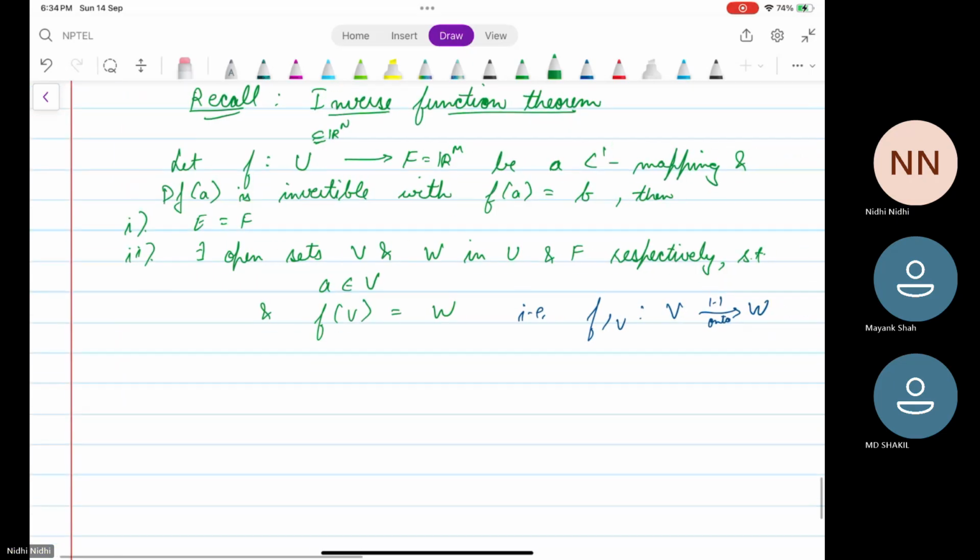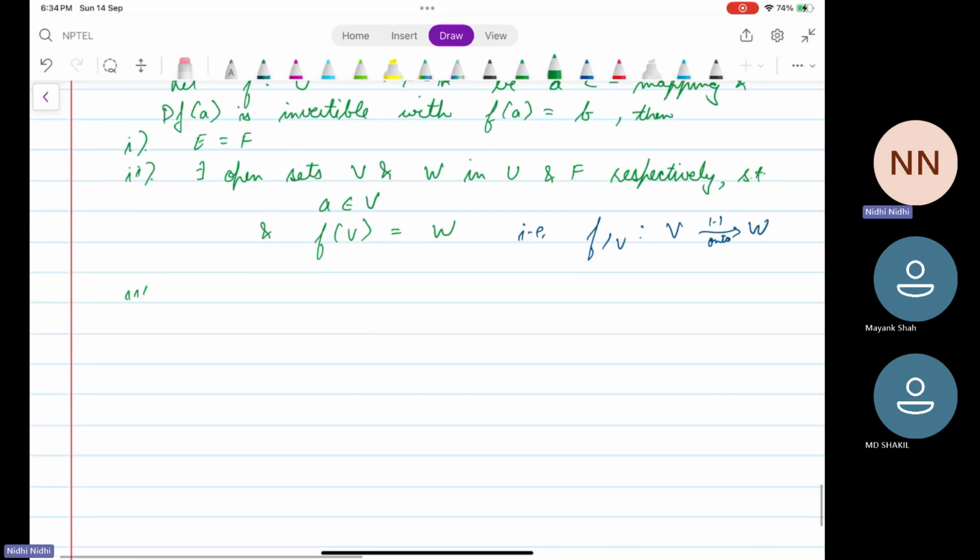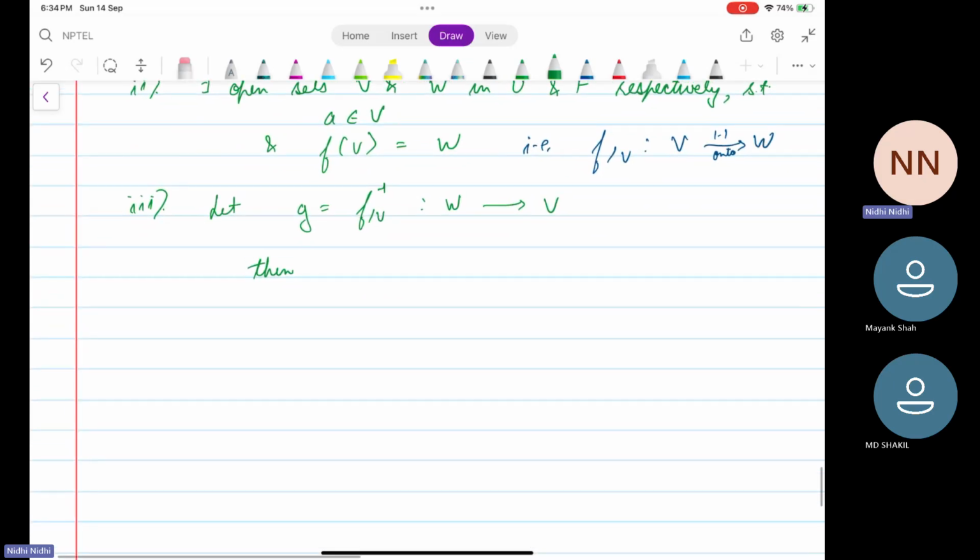Further, if we define g to be the inverse of this f restricted to V, so obviously its domain will be W to V, then this g is also a C1 mapping.